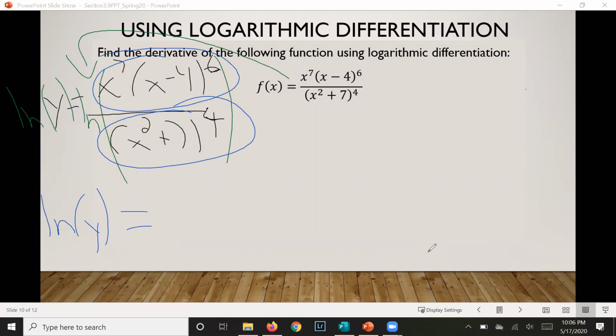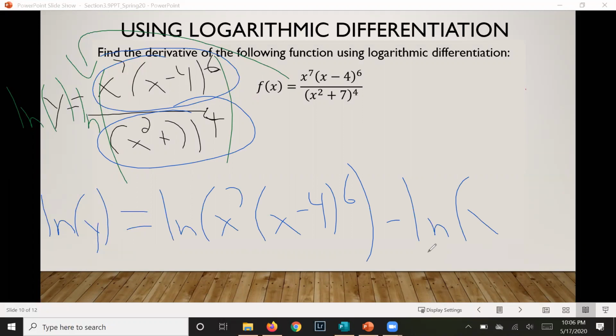So we have two things being divided inside the ln. That means we can use that quotient property. So we can rewrite this as ln of x to the 7th times (x minus 4) to the 6th, minus ln of (x squared plus 7), that whole thing raised to the 4th power. Okay, so just using that quotient rule there.